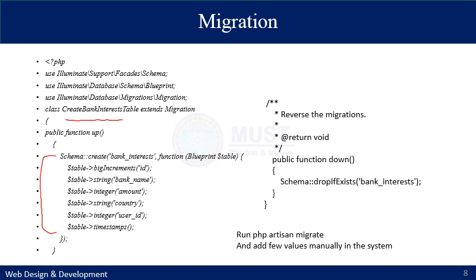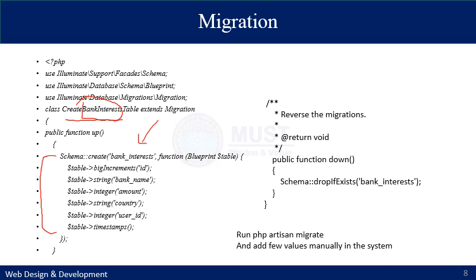For example, in this case, we have a convention to create the bank interests table, which extends the migration. The name of our model was BankInterest, and we are creating the table of the bank interest in the MySQL database server. The rest of the things are the same as we discussed in the migrations lecture.